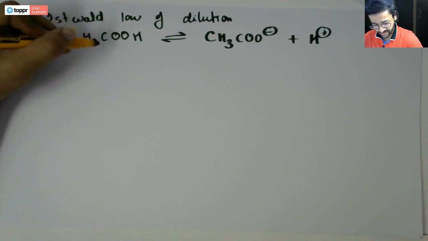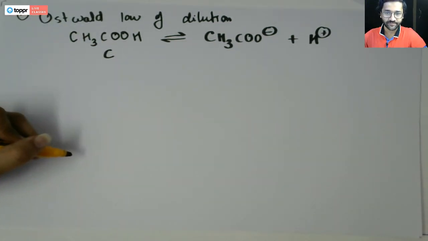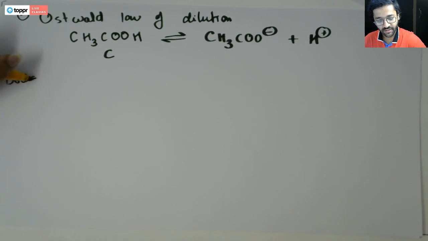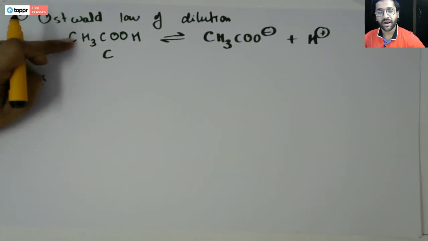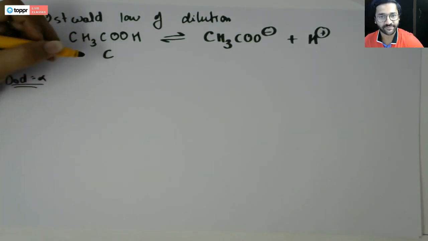So let us assume that initially the concentration of CH3COOH was C. With time, some of it broke down. Let's say the degree of dissociation is alpha. So the part which broke down from CH3COOH will be C alpha.